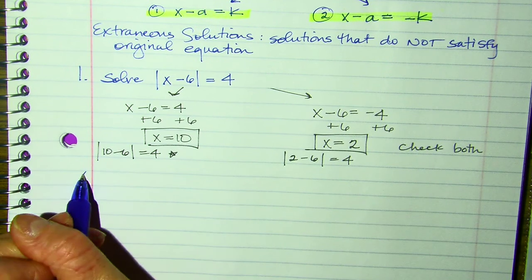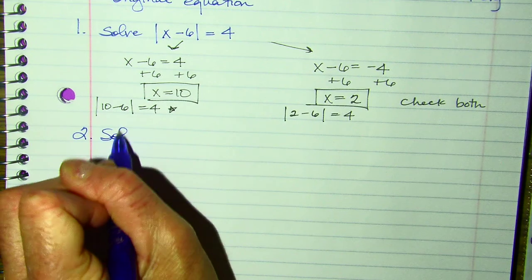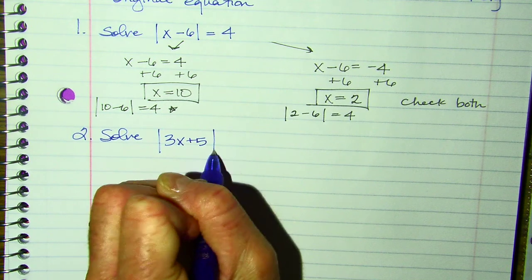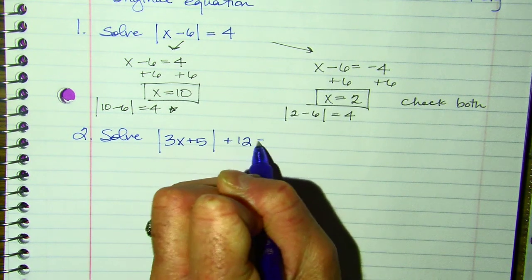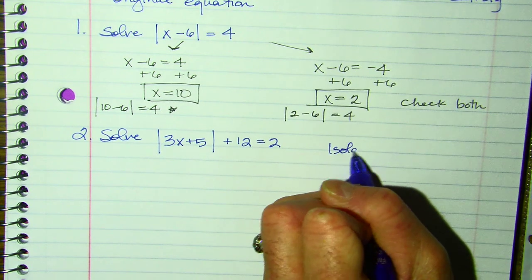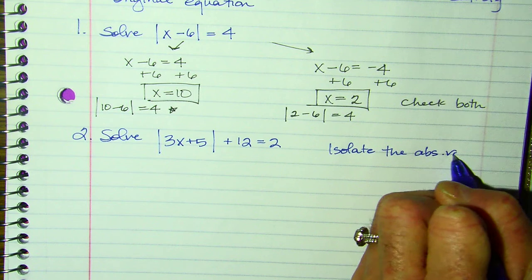Next one, solve the absolute value of 3x plus 5, plus 12 equals 2. Now the first thing I have to do is isolate the part that has the absolute value.